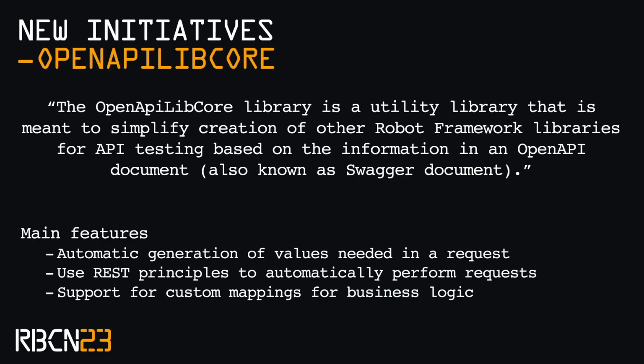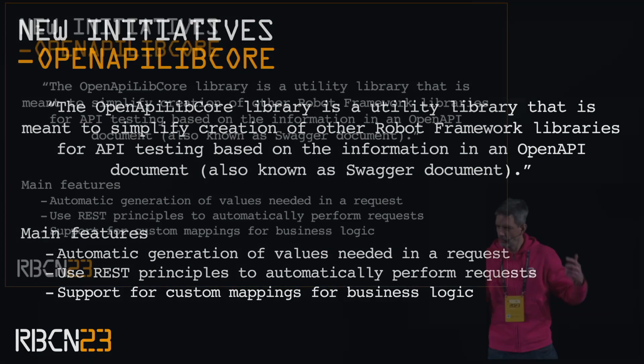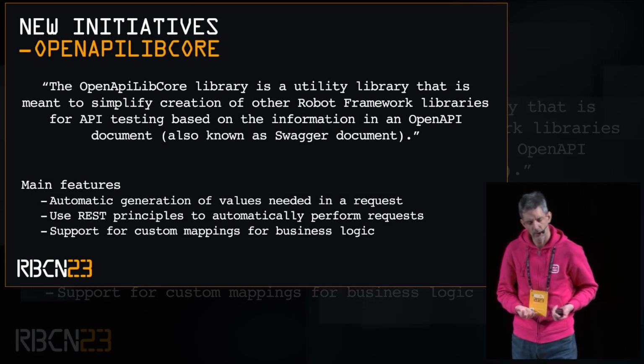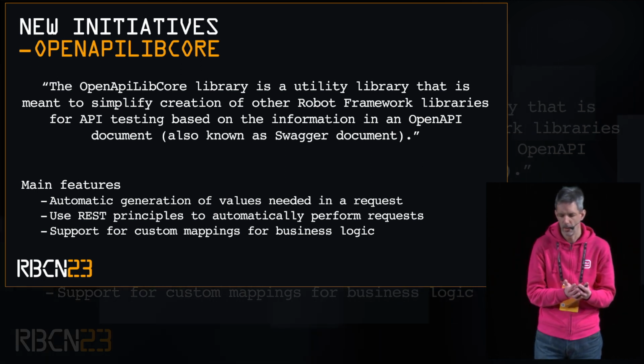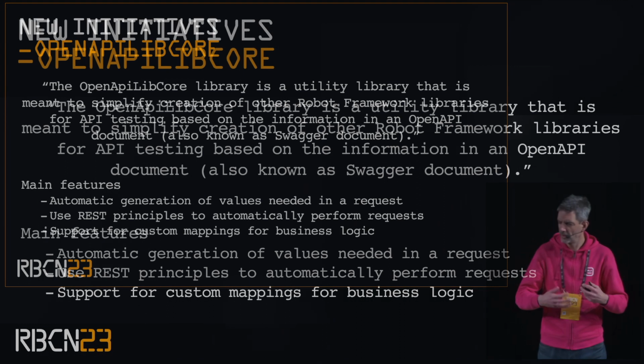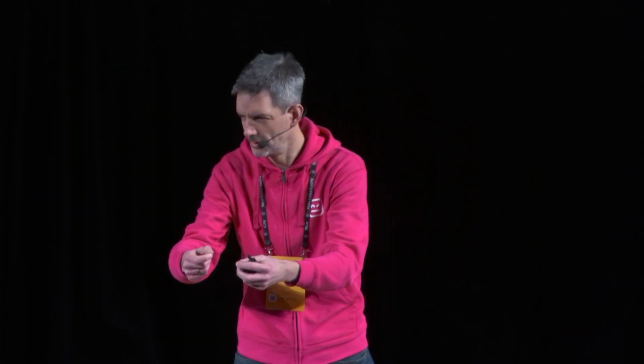Also, your specification tells you, okay, for this thing I need a name, it must be a string, it must be not more than this many characters. All these values are defined, the types are defined, restrictions are defined. And if we're not too interested in very specific data values, let's generate them.